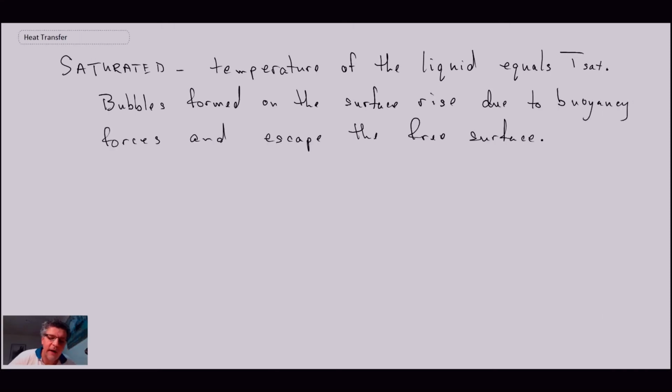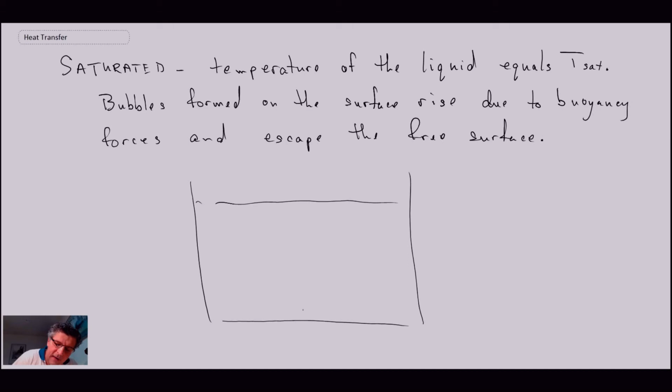Looking at the case of pool boiling again, we have our free surface, our bubbles are forming and moving up, and the liquid temperature is approximately equal to Tsat. Consequently, the heat transfer is such that we don't lose all the energy, and we get the vapor coming out to the surface.